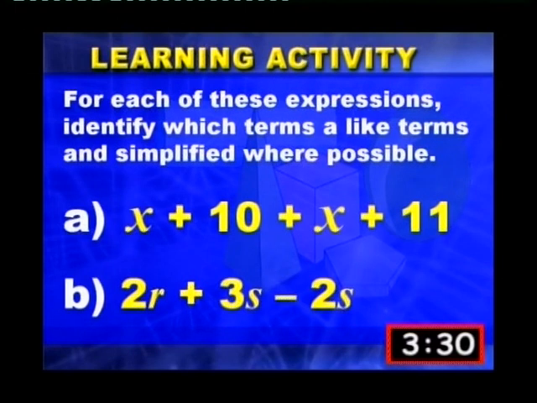Meaning that they are similar, so that you can add them or subtract them. The 2x are similar. You can see there are 2 letter x there, so they are similar. You can add them. Can you add 10 and 11? Yes, you can add 10 and 11 together. And you can add those 2x there.